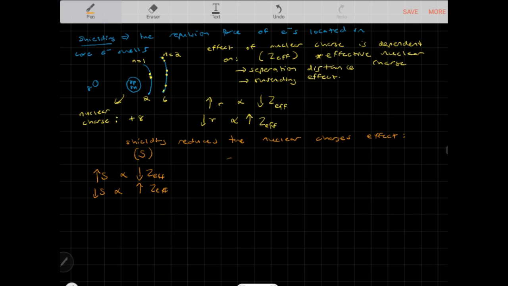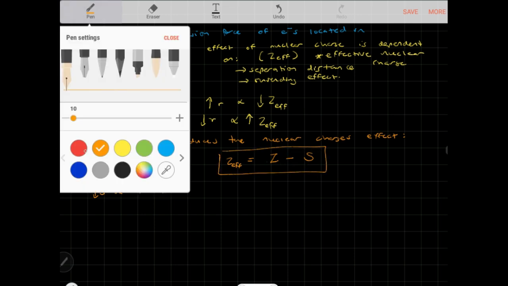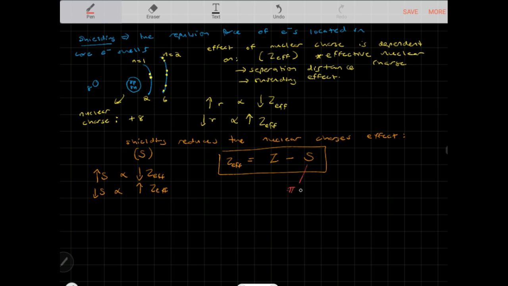Technically, you can think about the effective nuclear charge as the nuclear charge minus shielding. To calculate shielding, we're going to look at the number of electrons in core electron shells. In the case of oxygen, we had 2 electrons in the core electron shell, so S is equal to 2. Z is the nuclear charge, and Z effect is the effective nuclear charge.